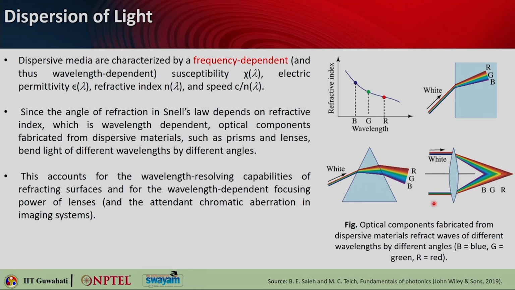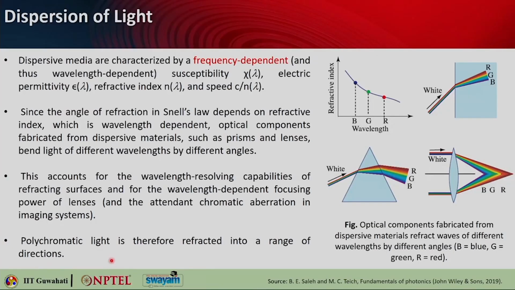So, what is crucial here is to remember that in dispersive media, the refractive index is a function of lambda, the electric permittivity is a function of lambda, and susceptibility is a function of lambda. So, the value is not flat. If somebody asks you what is the refractive index of this material, immediately the question you should ask back is at what wavelength you are talking about, because the wavelength is very critical here.